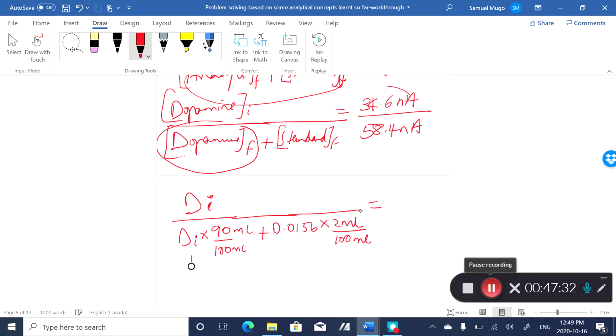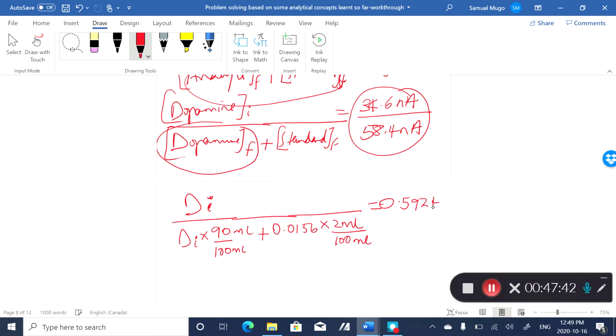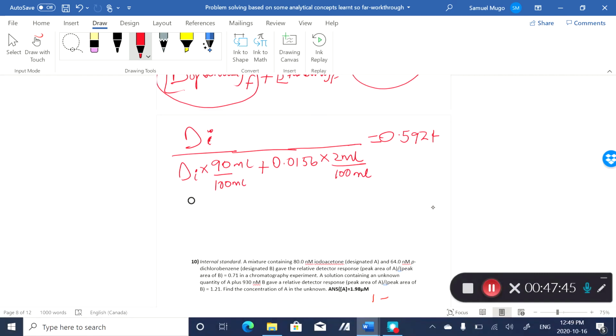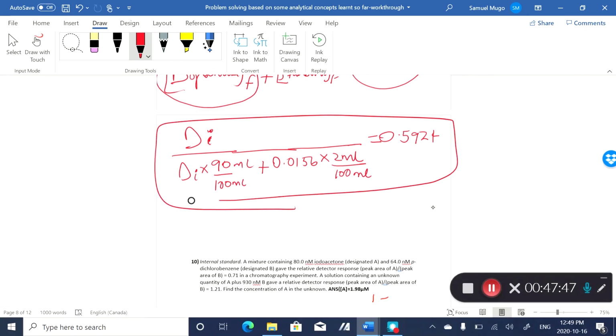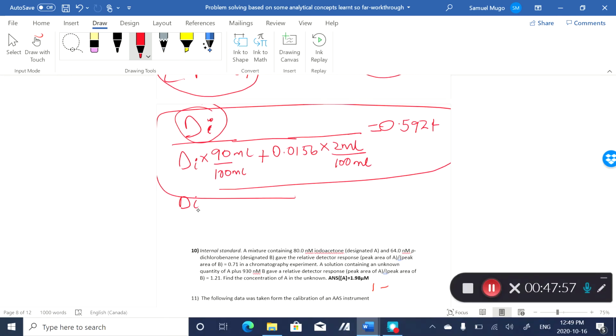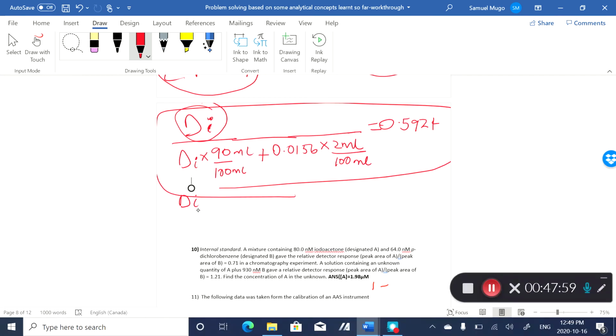And then of course the relationship here, when you get that ratio, it will be 0.5924. And so you can now solve this relationship because the only thing that is not known is the dopamine initial. If you extend this problem, it's going to be 0.5924, and then of course you take this and multiply on the other side.